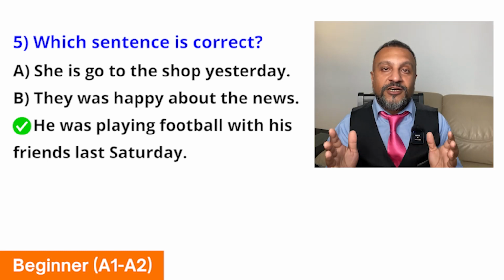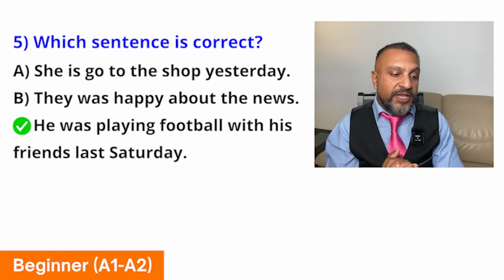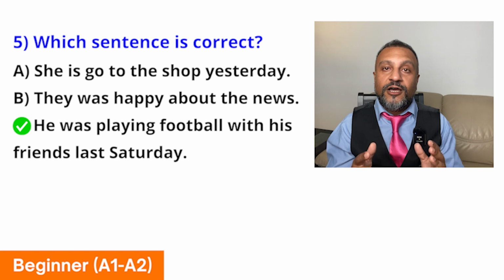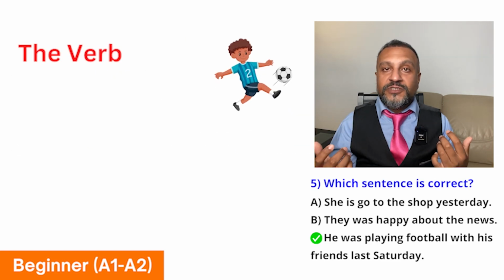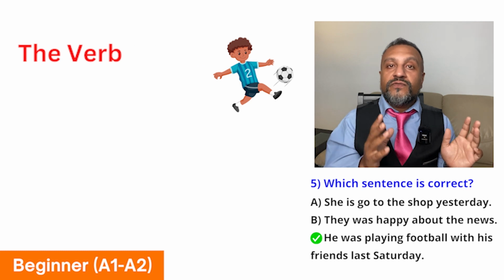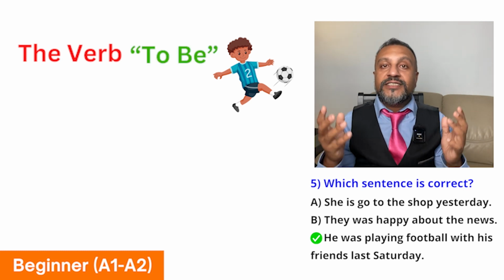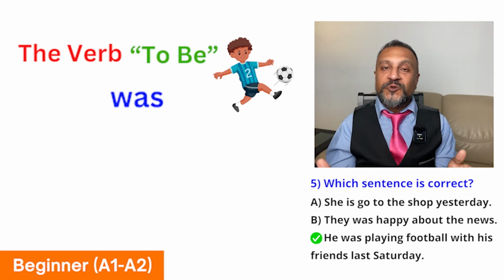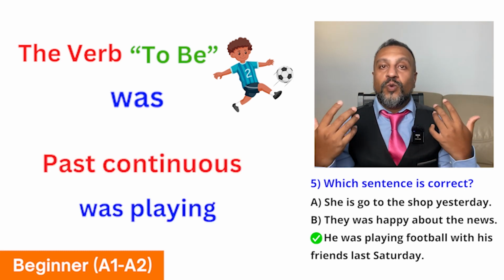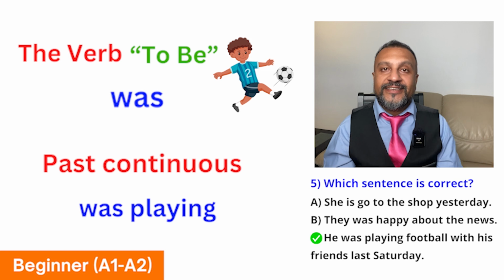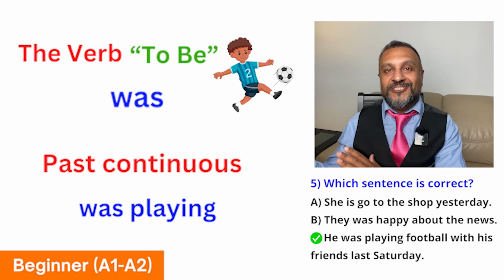The correct answer is he was playing football with his friends last Saturday. But why? C uses the correct form of the verb to be, in this case, was. It also uses the correct past continuous tense of was playing. Let's try the next question.